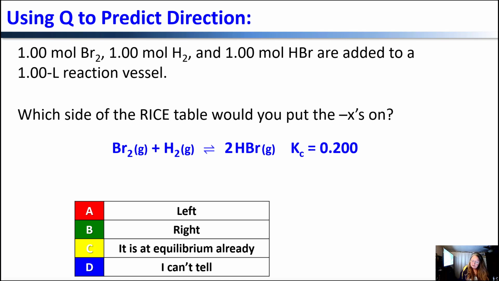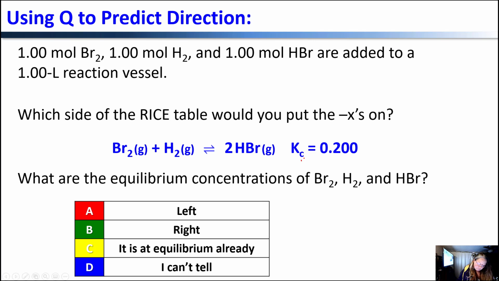Okay, so let's take a look. I have 1 mole of everything, right? 1 mole of HBr, 1 mole of this, and 1 mole of this. So let's write our Kc equation.